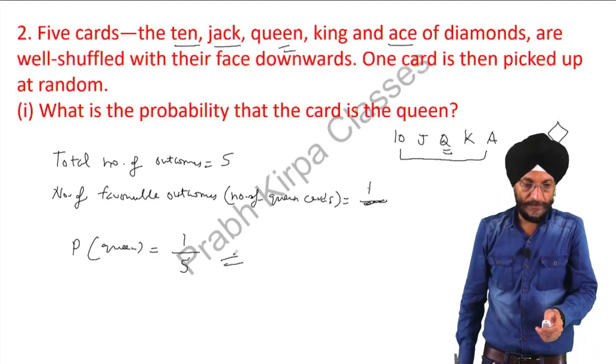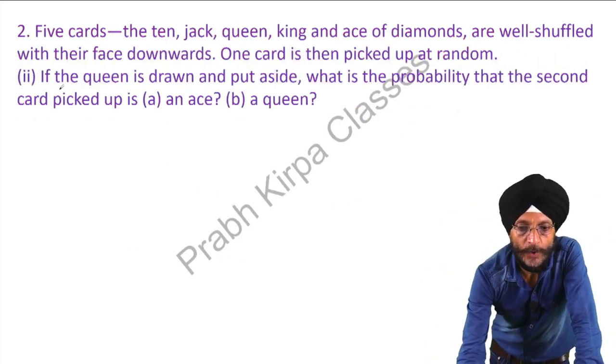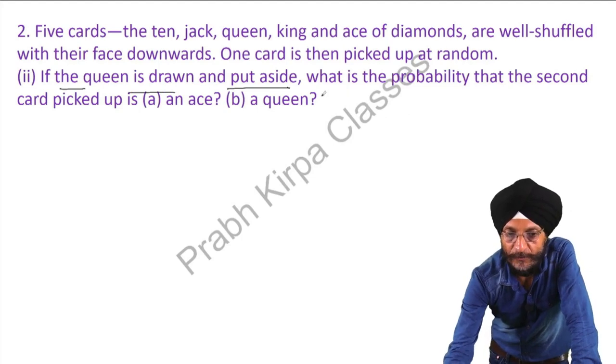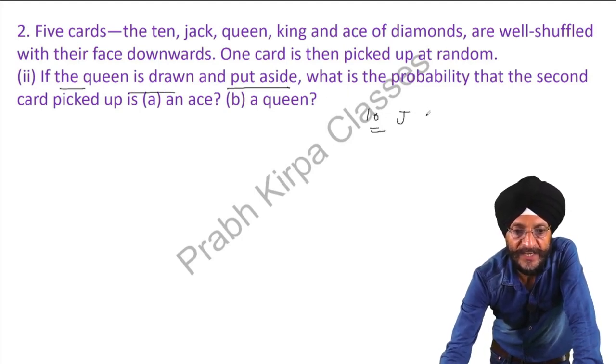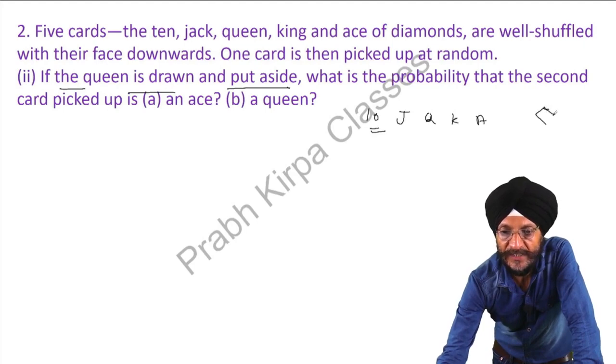Now the next part of this question. If the Queen card is drawn and put aside, first of all we write what was the question. 10, Jack, Queen, King and Ace, which were diamond cards.